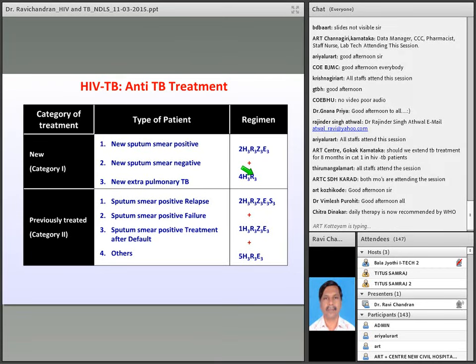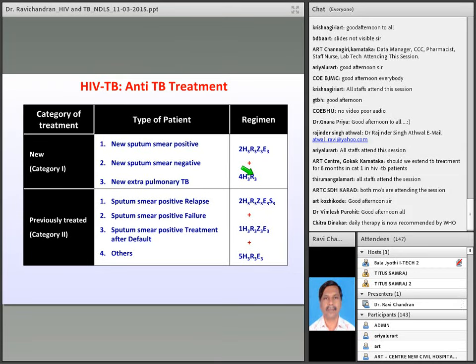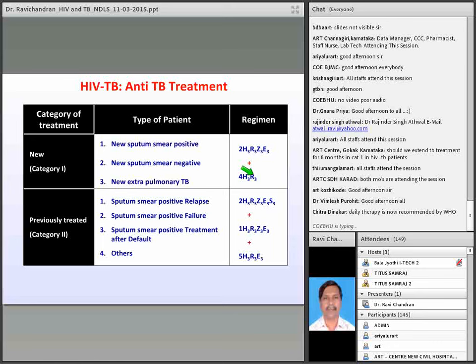Any patients other than category 1, we can categorize into category 2, and we will start this category 2 regimen.